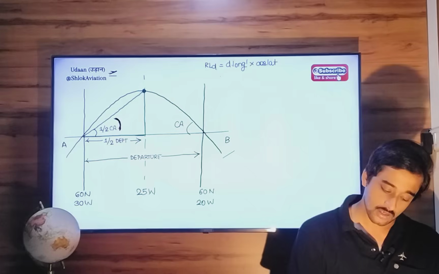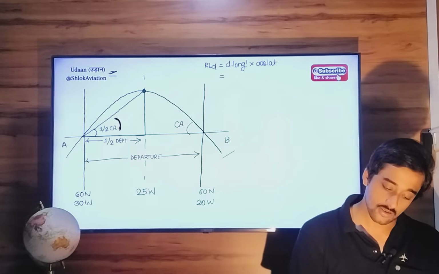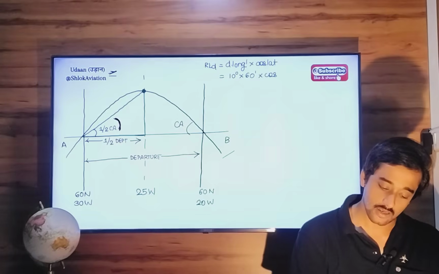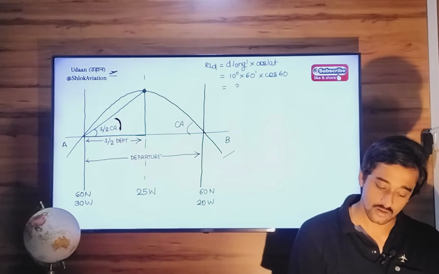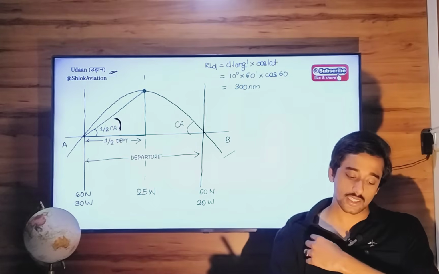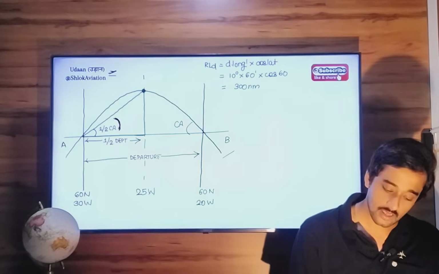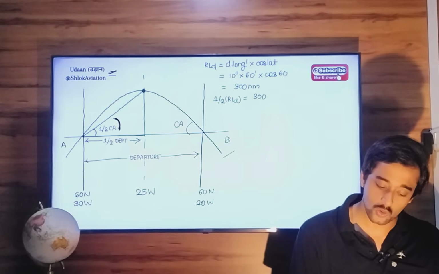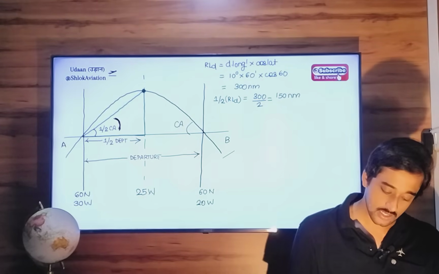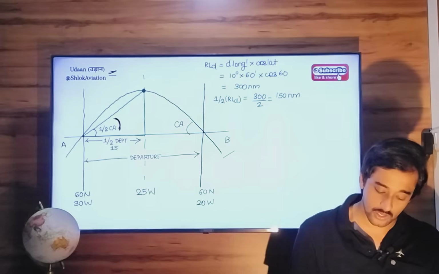So d long, 10 degrees multiplied by 60 minutes, cos 60, 300 nautical miles. Cos 60 is half. Now half of this rhumb line distance will be 300 by 2, 150 nautical miles. So this side of the triangle is 150.